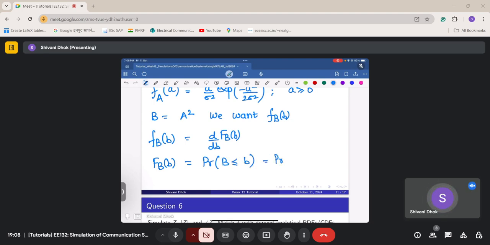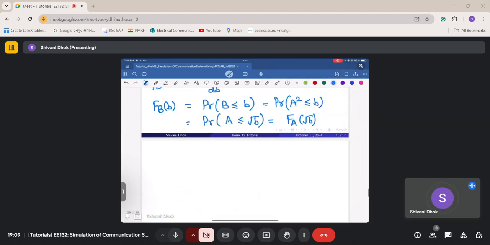That is the probability that A squared is less than or equal to b. Why? Because B is equal to A squared, we have defined that. So we can write it as the probability that A is less than or equal to root b. Since A is from 0 to infinity, this is okay. So this comes out to be equal to the CDF of A evaluated at root b.